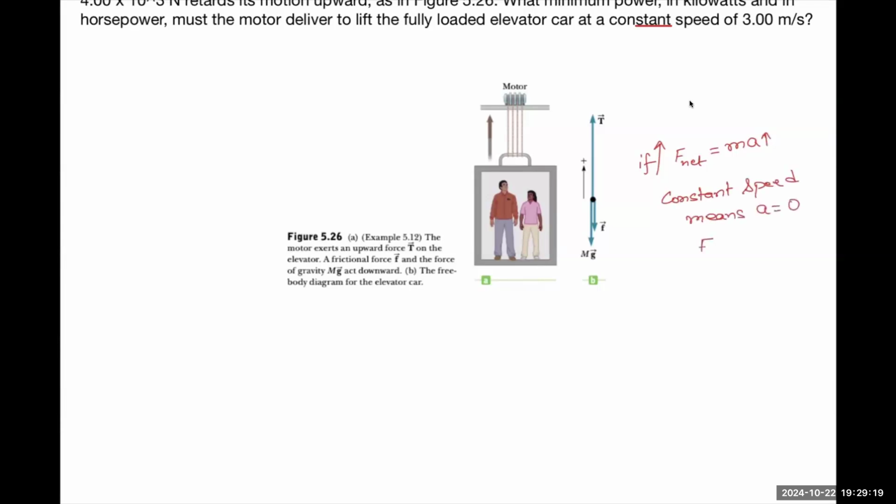So that means my net force is zero. If my net force is zero, the total upward and downward forces must be equal to each other. So my acceleration is zero.